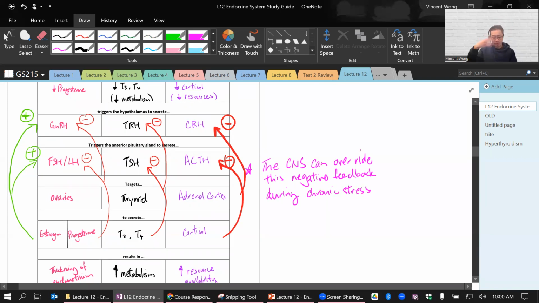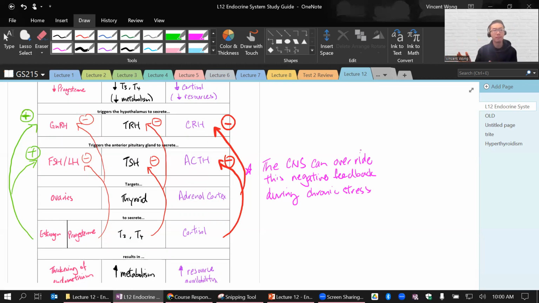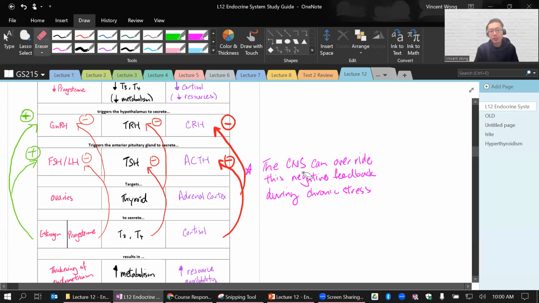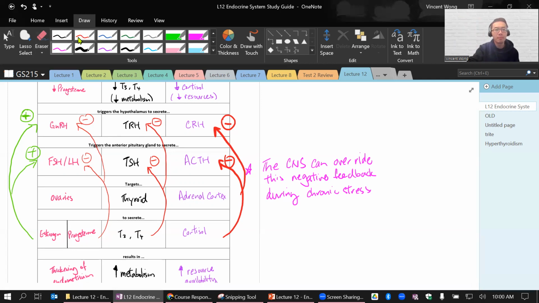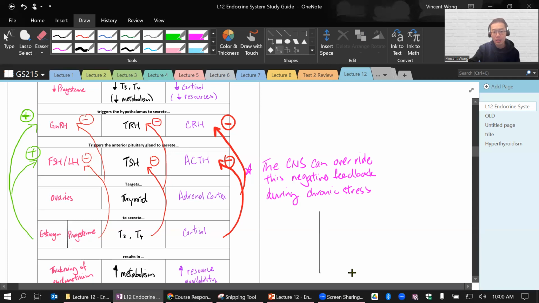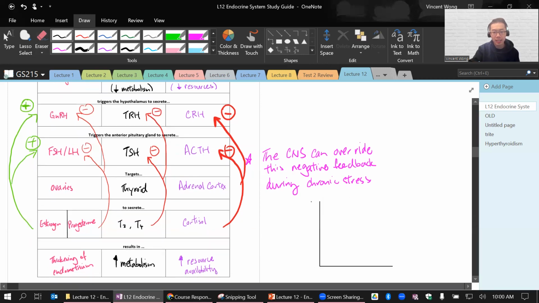So if we're talking about persons being stressful for things that are happening in life, not just daily bodily process, but like the financial stress that I was talking about, other stress, going to school, taking care of family, all these responsibilities can cause someone to feel stress chronically. In those cases, the CNS will override the suppression here, and the cortisol level will continue to go up.